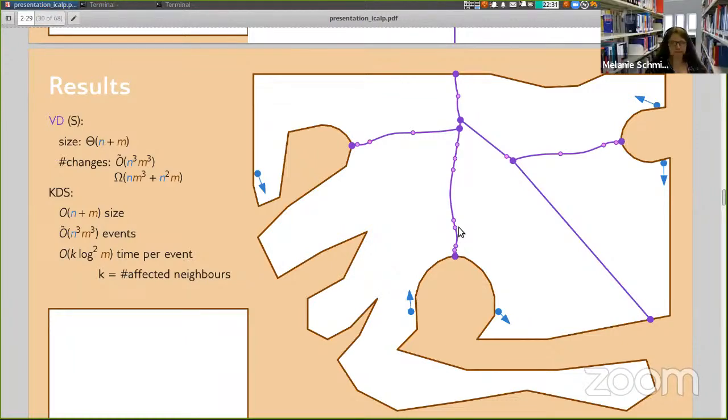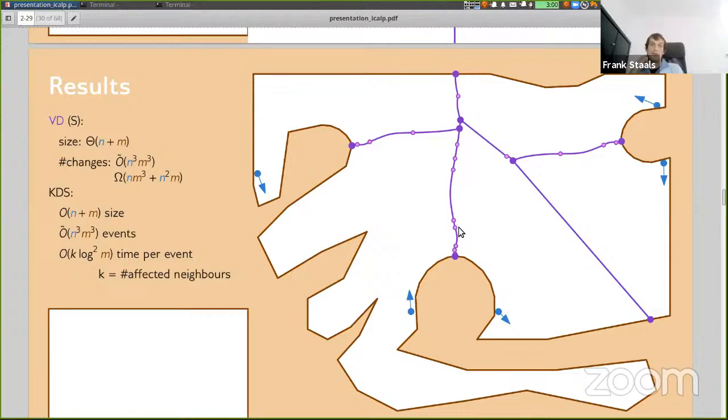Okay. Even there, this is an interesting and somewhat infamous problem, because there's an n-cubed upper bound on the number of combinatorial changes. For very long, the best lower bound that we have is quadratic, and so for very long this was wide open.